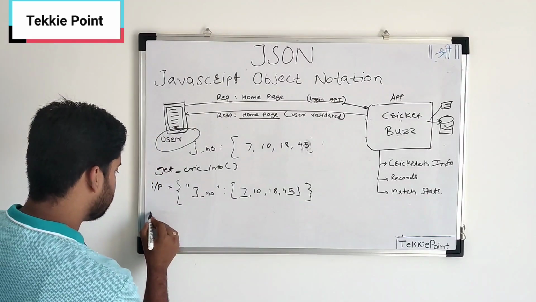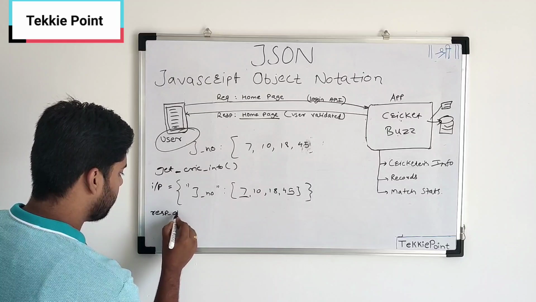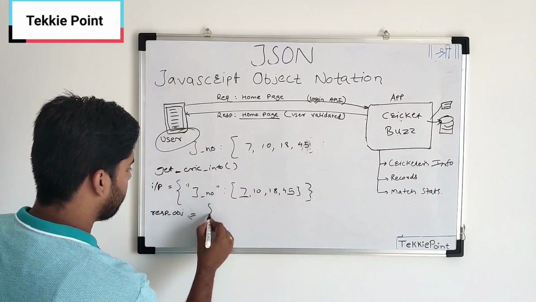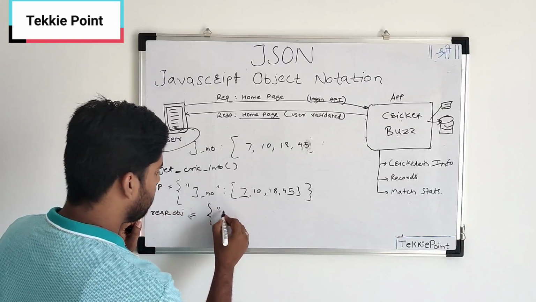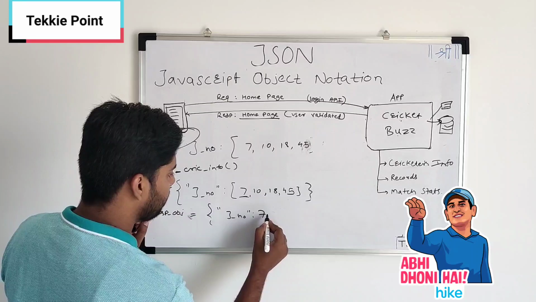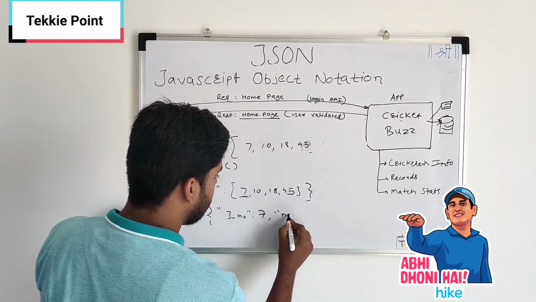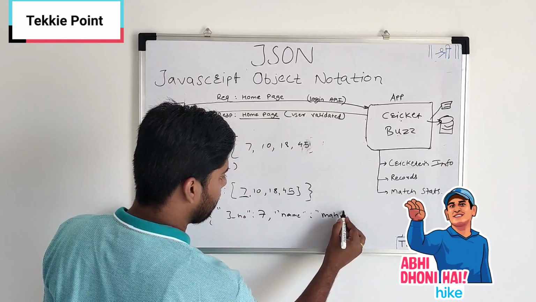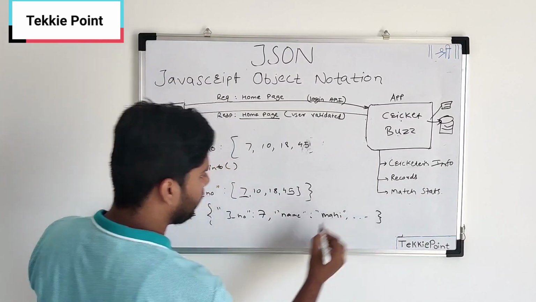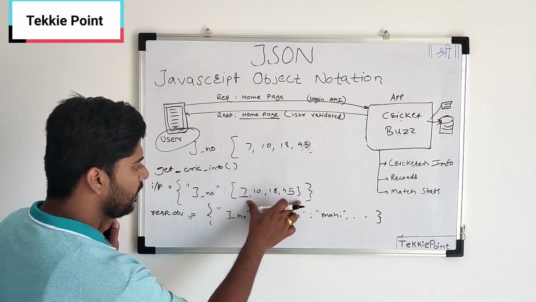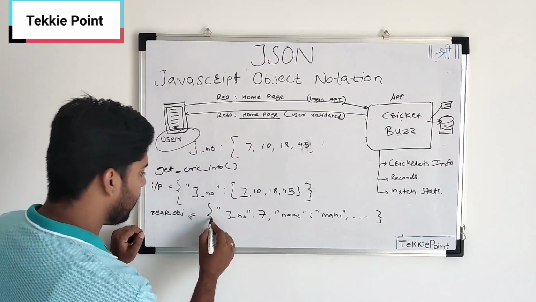So as a response object, what we can get is a jersey number. For jersey number 7, we can get the name of the cricketer, which is Mahi, and so on and so forth. For every jersey number in the array, we will get a response, right?